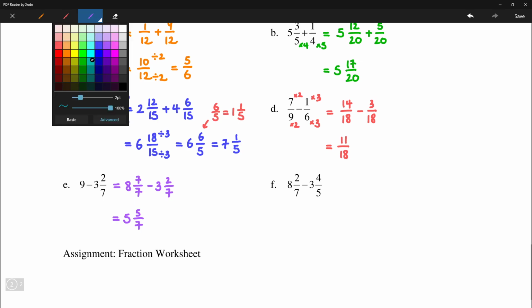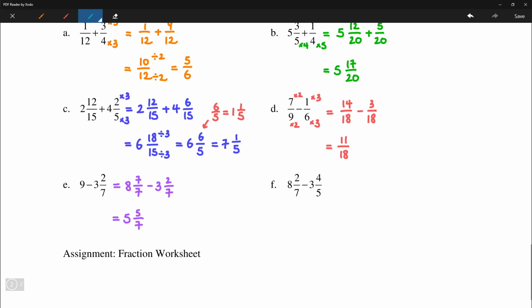All right, so here what we can do is rewrite both mixed numbers as improper fractions. So in order to rewrite the 8 and 2/7 as an improper fraction, we take 8 multiplied by 7, which gives us 56, plus 2 is 58. So this is really 58 out of 7, the first fraction. And the second fraction, we take 3 times 5, which is 15, plus 4 is 19, and this will be over 5.